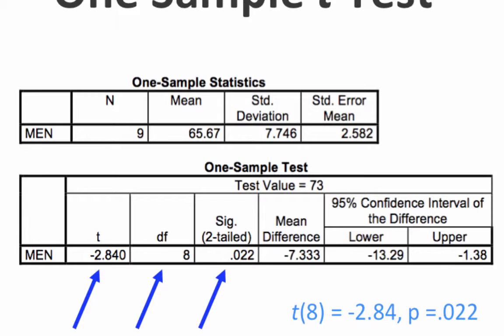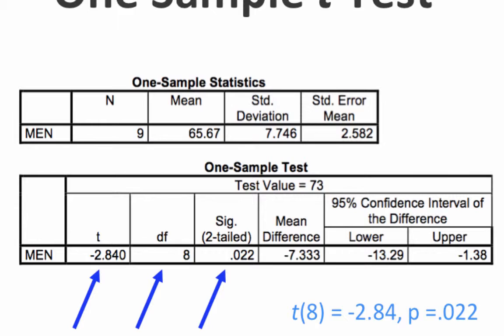Now, the one sample test box is something that is different than we've seen previously. So let's look a little more closely to make sure we understand what all of these pieces are and where they go in our write-up. The three most important boxes are the ones that I've indicated with the blue arrows. The t-value of a negative 2.84. Again, we've seen that value before, but now we see the same value has come from SPSS. 8 degrees of freedom, DF, degrees of freedom. Our probability value is contained in the box that says SIG two-tailed.